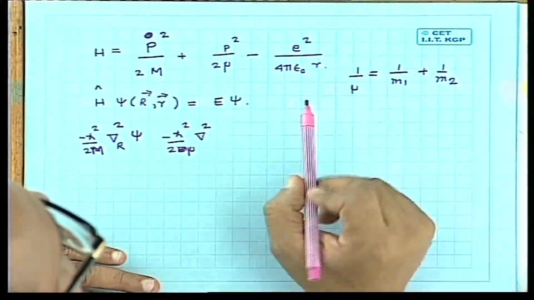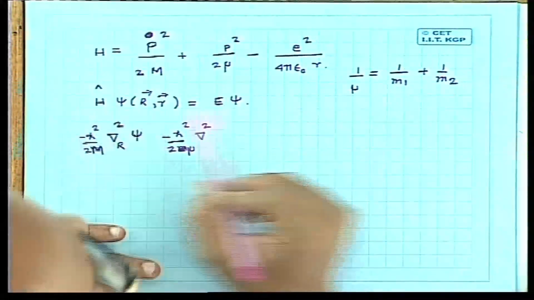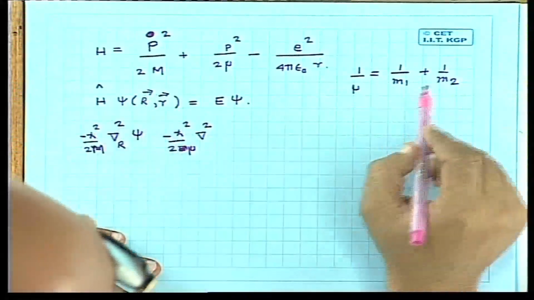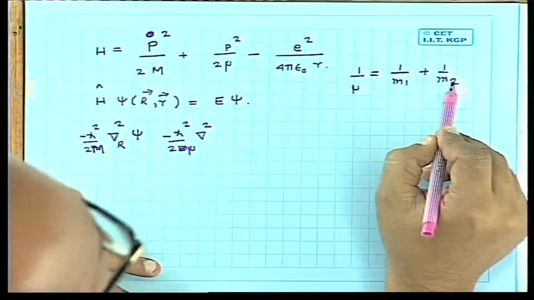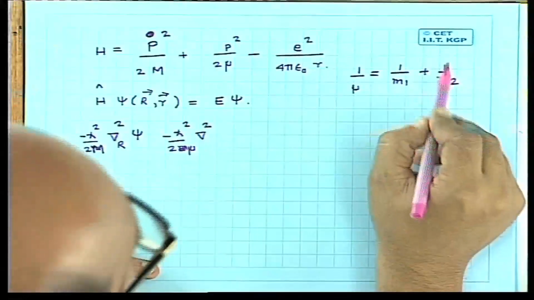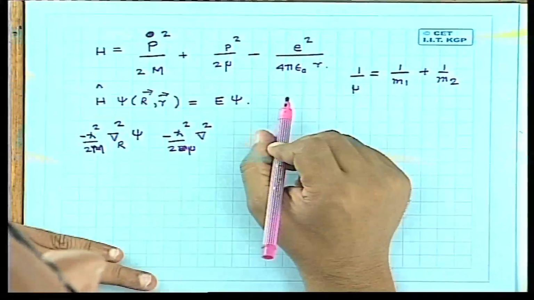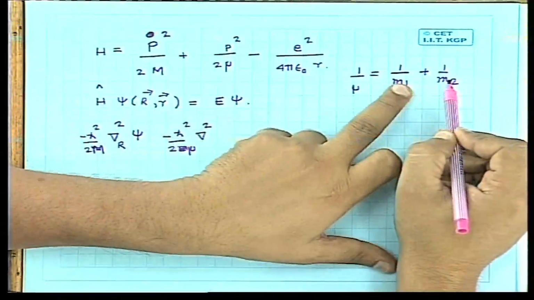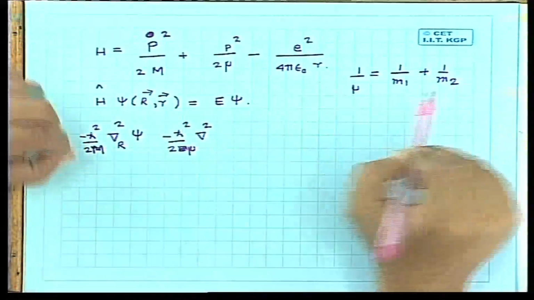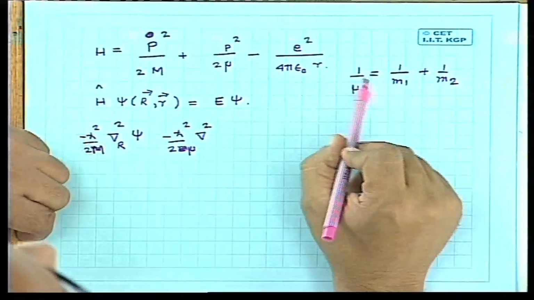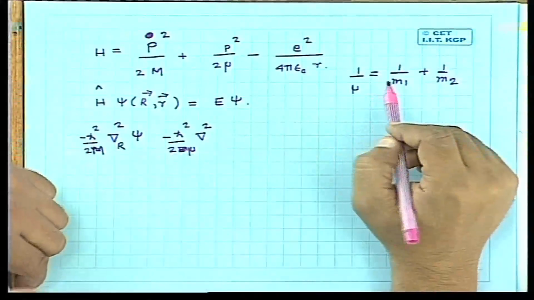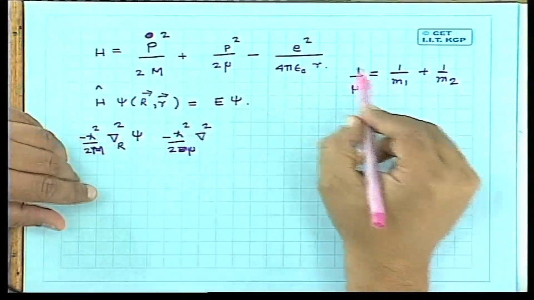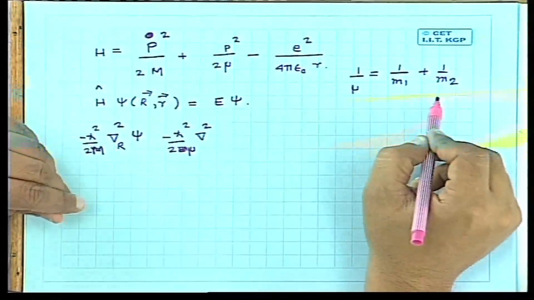So mu has contribution largely from the smaller mass, because for the smaller mass the 1 by that ratio is going to be larger. If one of the m's is very large and one of it is very small, it is the one which is small which is going to contribute largely to mu. And for a system with a proton and electron, the major contribution to mu comes from the mass of the electron.